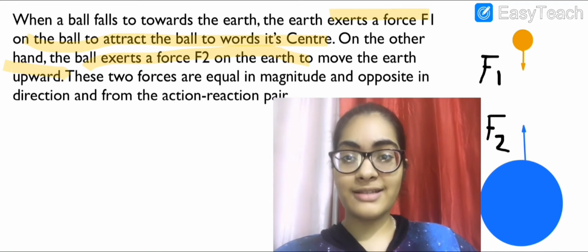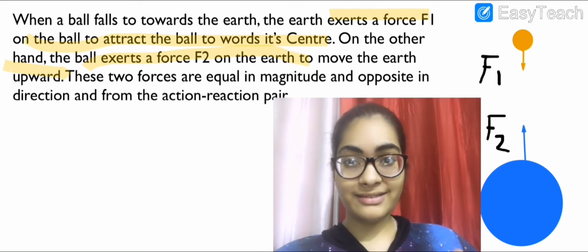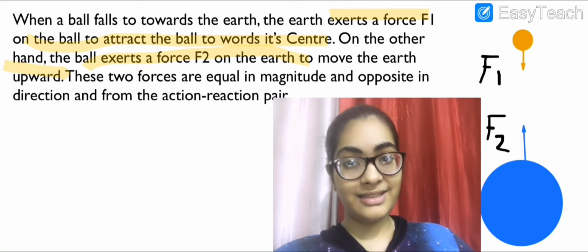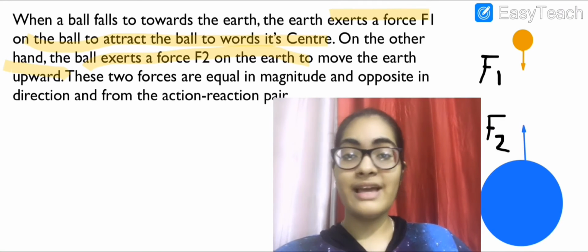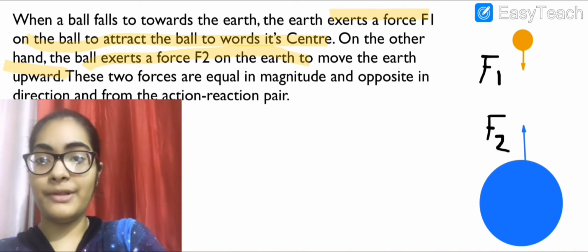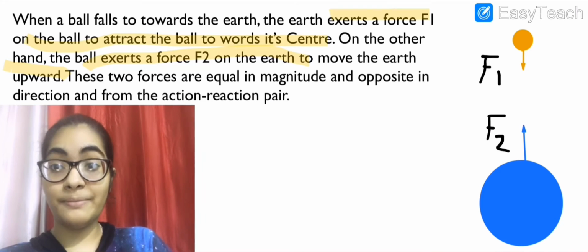Which has more mass? Have we seen that force is directly proportional to mass? Mass of which is more? Earth. So which will apply greater force? The earth will apply greater force and the ball will move towards the earth, right? This is another example of the action-reaction pair, right?